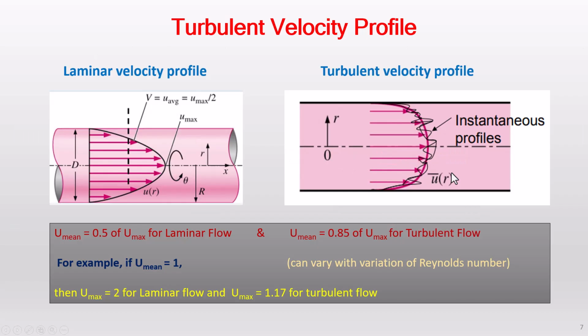So one of the biggest differences that you will feel is that in laminar flow, the flow is in laminas and there are no disturbances. But in turbulent flow, as the name suggests, there are disturbances or the flow is chaotic. That is evident from the velocity profile as well.